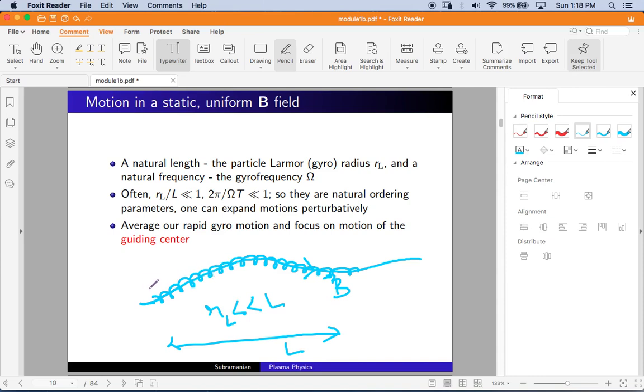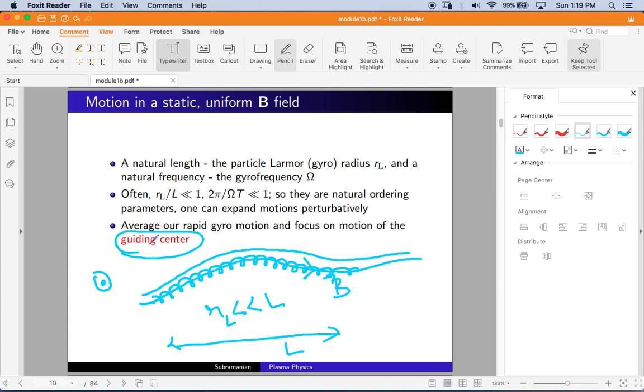I can simply worry about what's called the guiding center, the center of this gyration, and the center of the gyration just follows the magnetic field, like that. Okay, this is what's called the guiding center. Intuitively it makes sense.